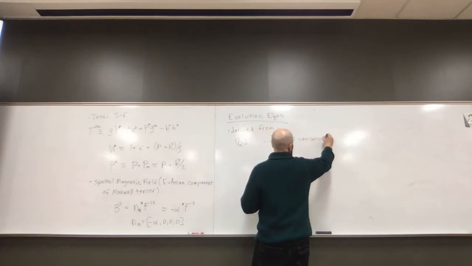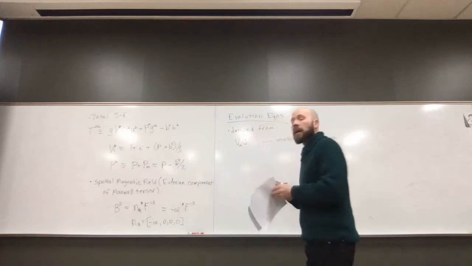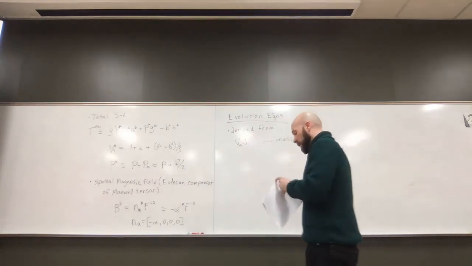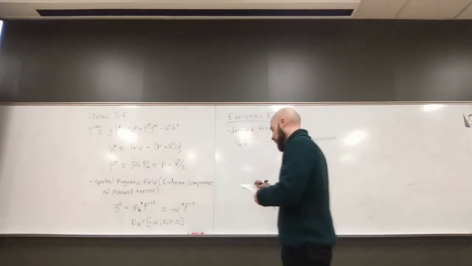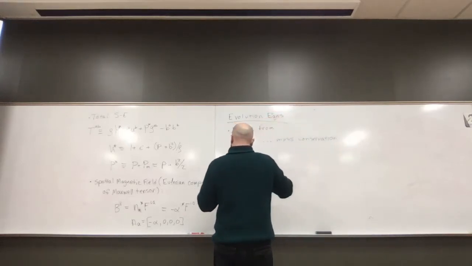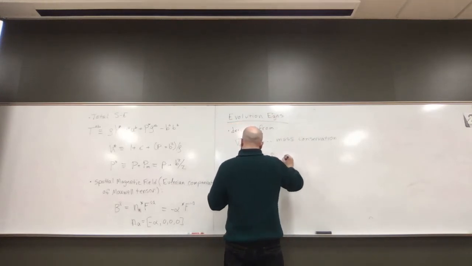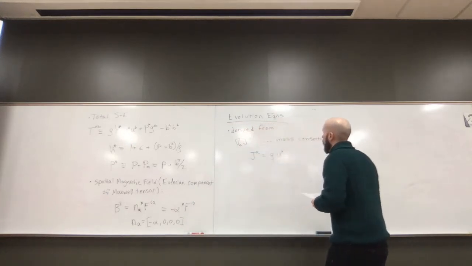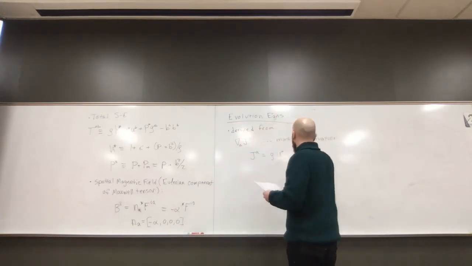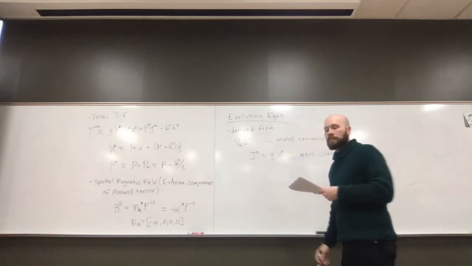You could conserve baryon number instead, for instance, right? We've talked about that in a lot of cases. Now let me define J for you. Here we're taking it from mass conservation. So J^A is equal to rho, the mass density, mass energy density, times the four-velocity. And this is the mass current, or flux, if you will.